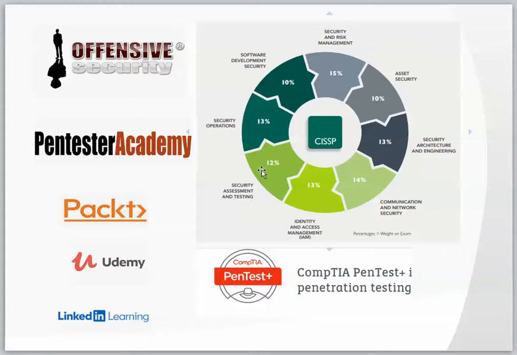Even though security operations has been given 12%, at work this is almost 85% of the job. There will be SOC centers where they monitor all the traffic and act appropriately. And then we have software development, which is the Python we'll be using throughout this course.